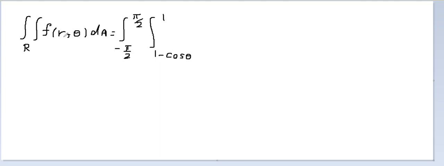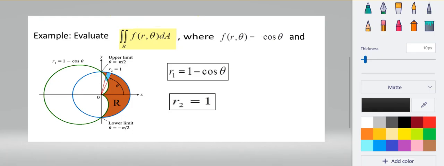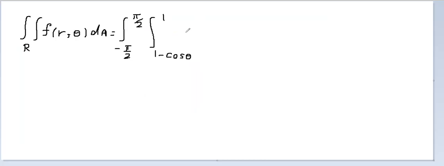Okay, what is our f, if you remember? f is cosine theta. Okay, what is dA in polar form? r dr d theta. So first we have to integrate with respect to r, then with respect to theta.